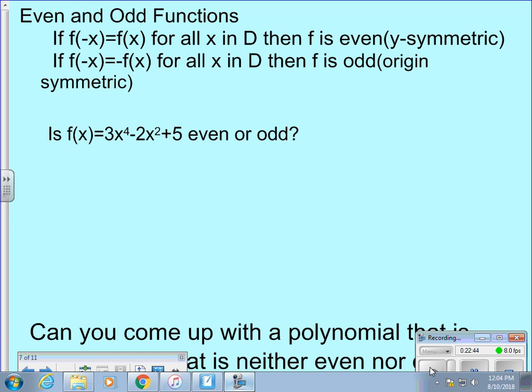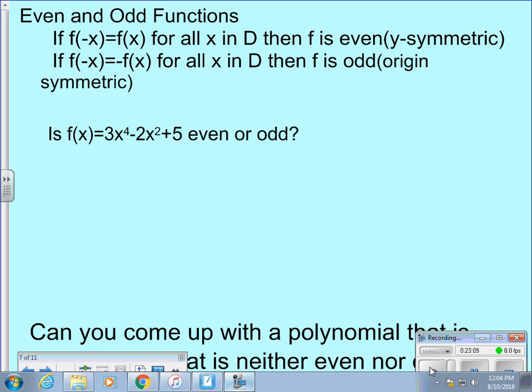Okay, even and odd functions. I'm sure that you discussed even and odd last year. Okay. If f of negative x is equal to f of x for all x in the domain, then f is even.